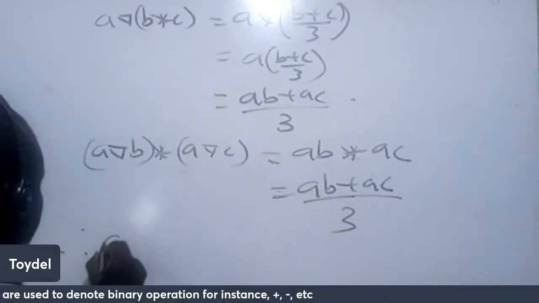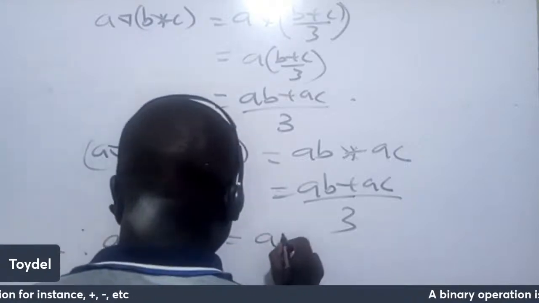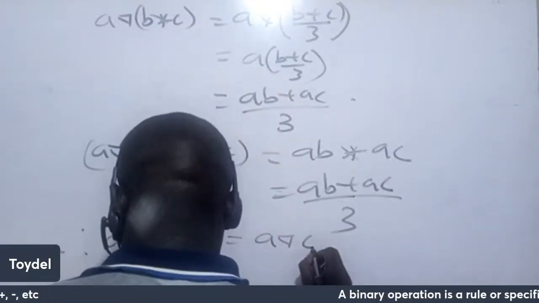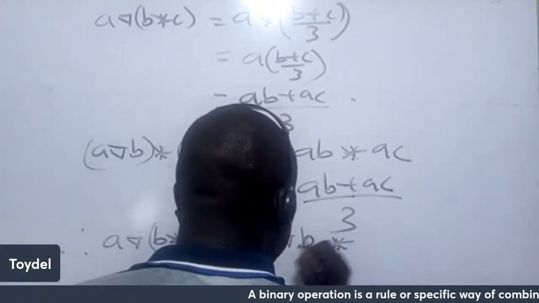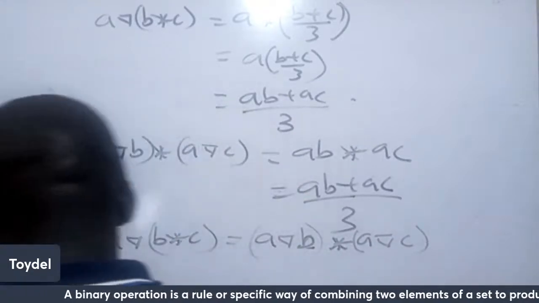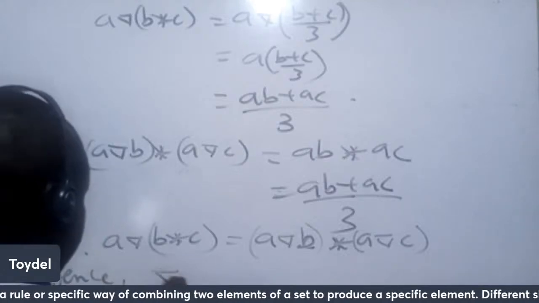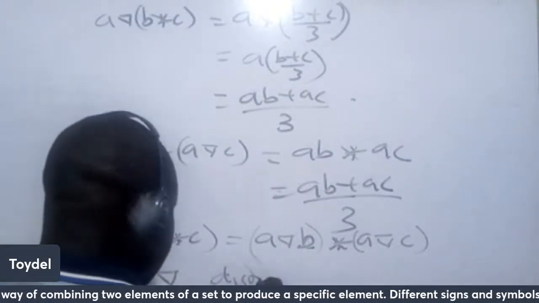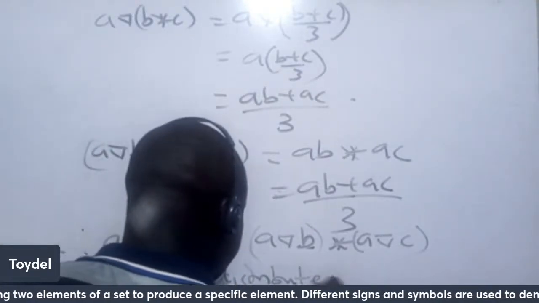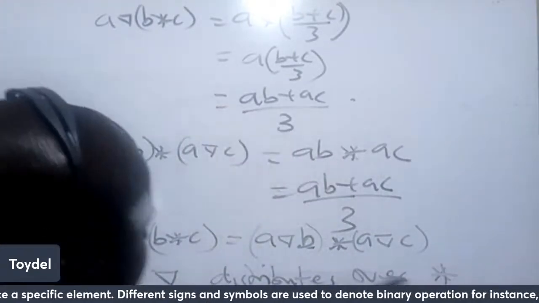Therefore, A ▽ (B * C) is the same thing as (A ▽ B) * (A ▽ C). Since we are able to show this, hence we can generalize. We can say hence the inverted triangle operation distributes over asterisk.